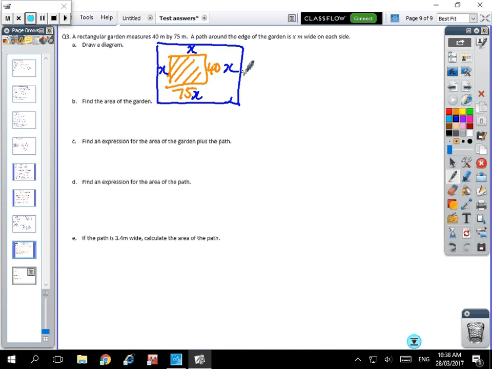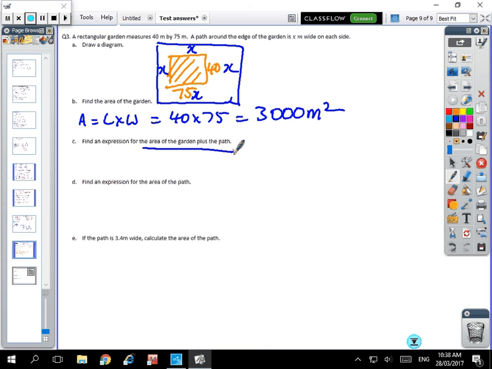It's around the outside. So the area of the garden is length by width, which is 40 by 75, which is 3,000 meters squared. Find the area of the garden plus path. Now, each of the dimensions has x on either side, so it's going to be 75 plus 2x and 40 plus 2x. So that's the answer to that.